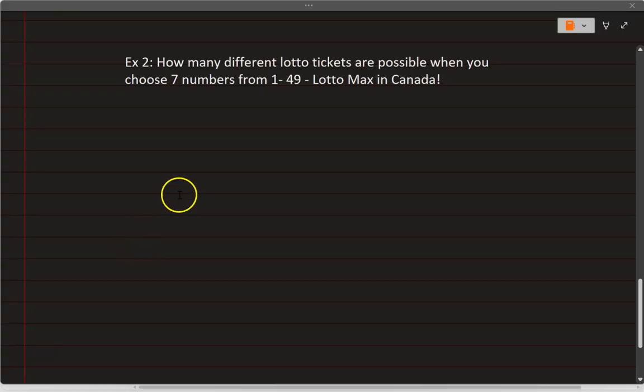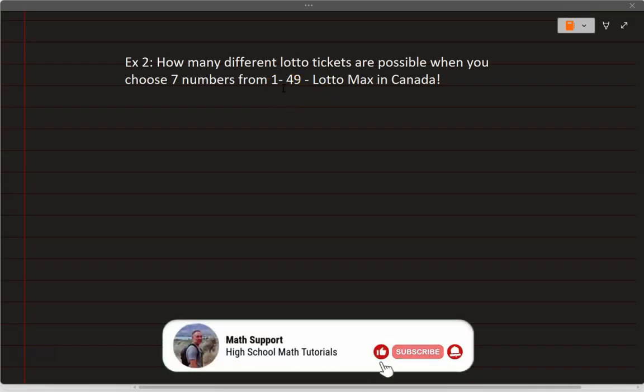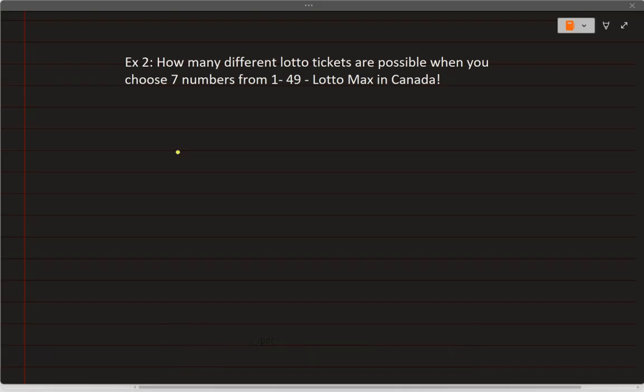Here it is. How many different lotto tickets are possible when you choose 7 numbers from 1 to 49? And by the way, these are Lotto Max in Canada. I'm in Canada, so here it is. Again, let's write it up. 1 to 49, so we have n is 49. We have r is 7, and it's very simple.